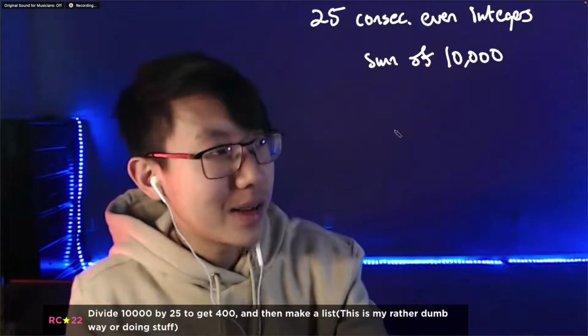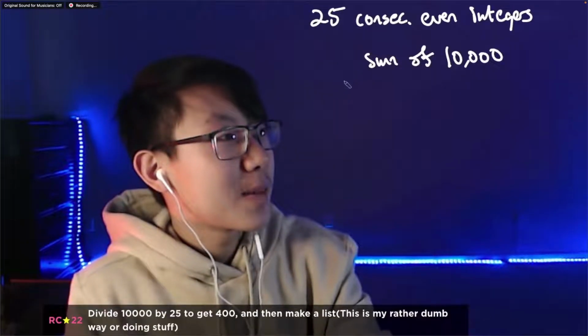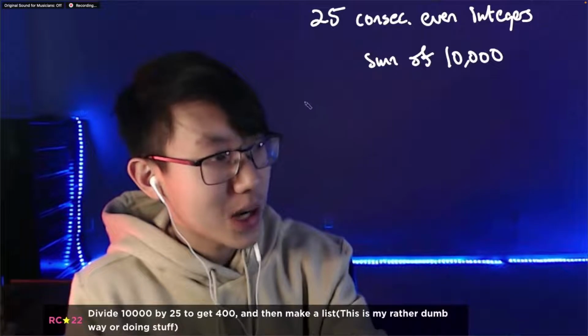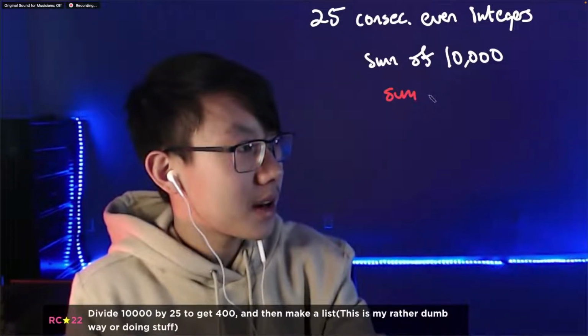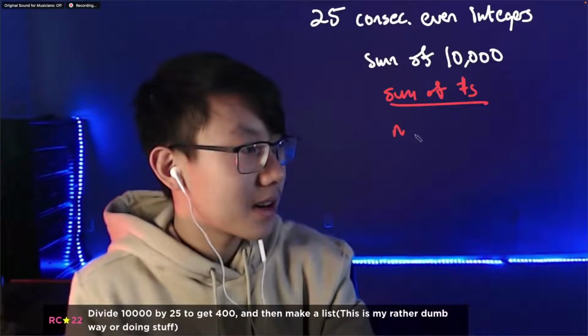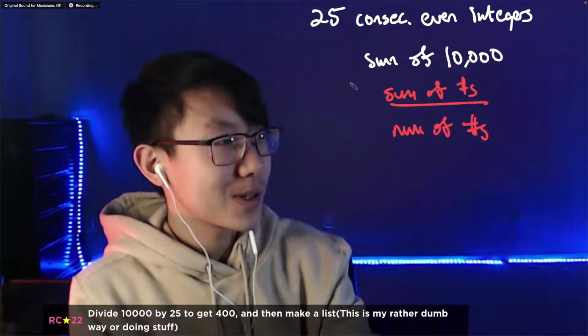Okay, so I agree. But what is the 400? What does 400 represent in this list? Because we have a bunch of integers, and we have a sum of the list of numbers. So we took the sum of numbers, and we divided by 25, which is the number of numbers. What is that equal to?